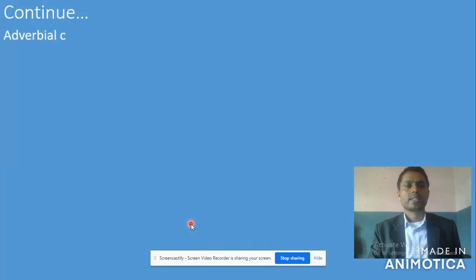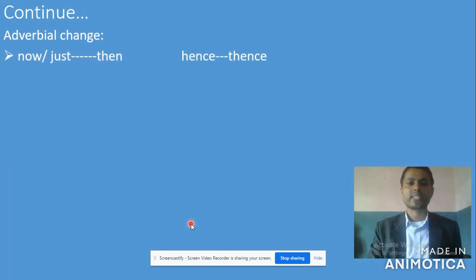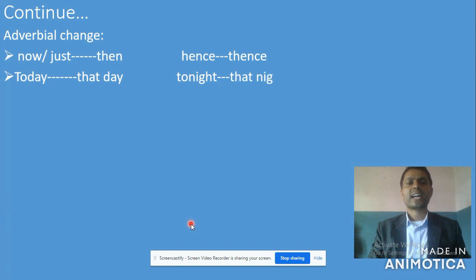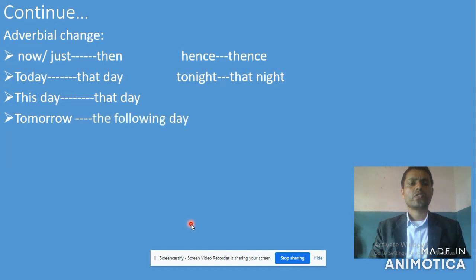Here we get adverbial changes. After changing the tense, most of the time we have to change the adverb, time adverbs especially, right? Look here. Now changes into then. Hence changes into thence. Today changes into that day. Tonight changes into that night. This day changes into that day. Tomorrow changes into the following day or the next day.